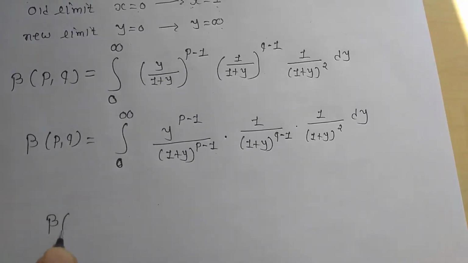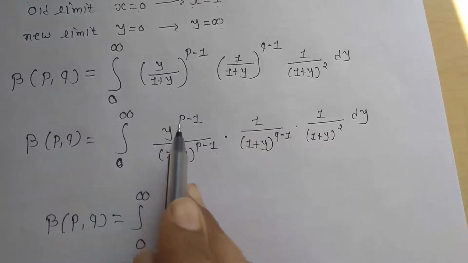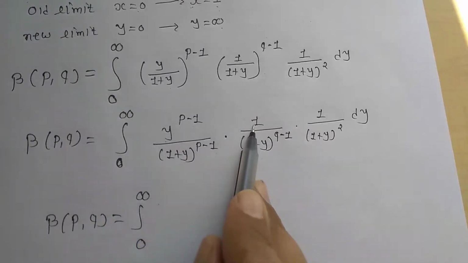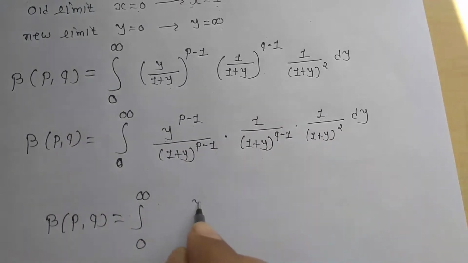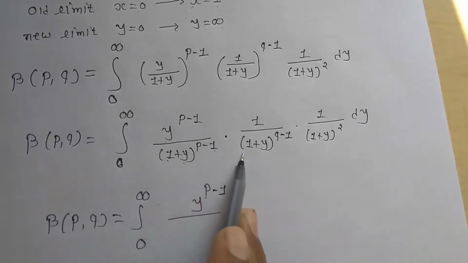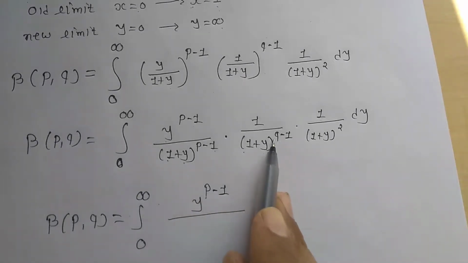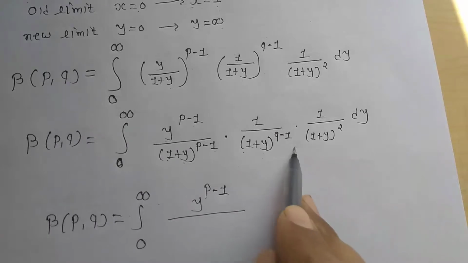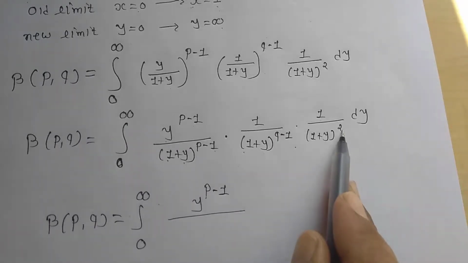Beta of p comma q is equal to integration 0 to infinite y raised to p minus 1, divided by 1 plus y raised to p minus 1, into 1 plus y raised to q minus 1, into 1 plus y whole square.